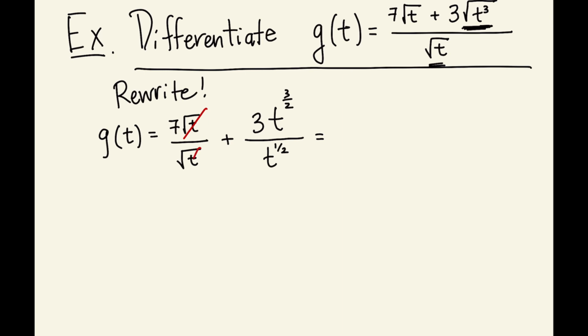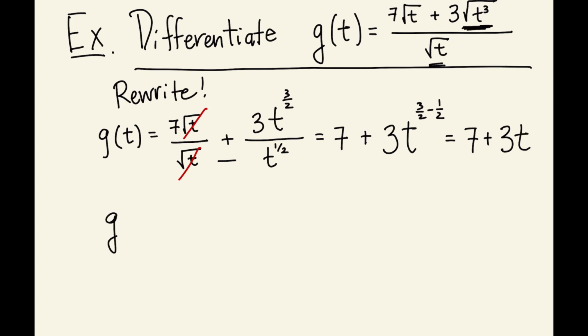I can see that these cancel nicely, and I end up with 7, and then I have my plus. In this case, t to the 3/2 divided by t to the 1/2 is equal to t to the 3/2 minus 1/2, and this is just 7 plus 3t. So I haven't calculated the derivative yet.